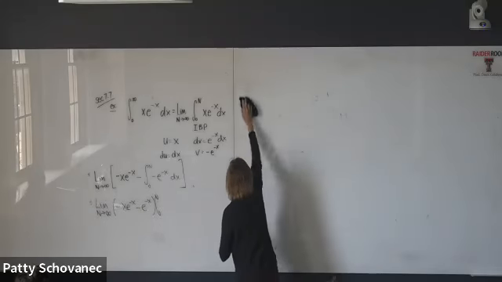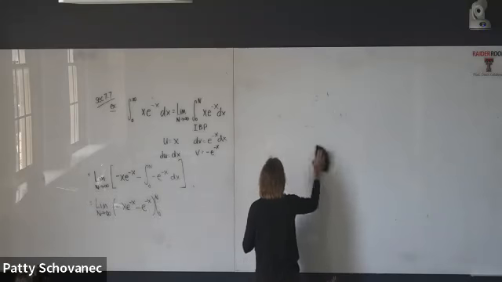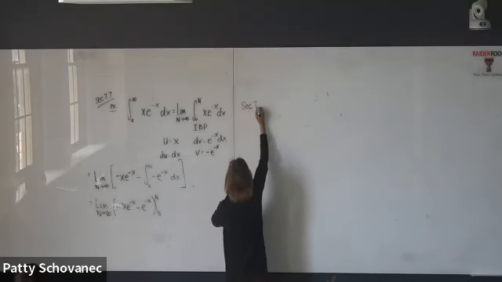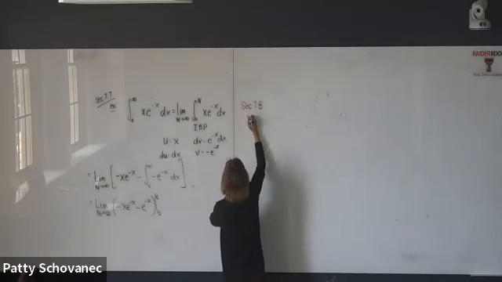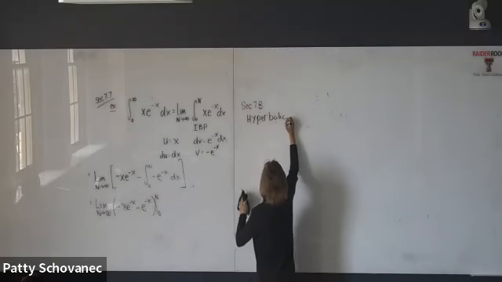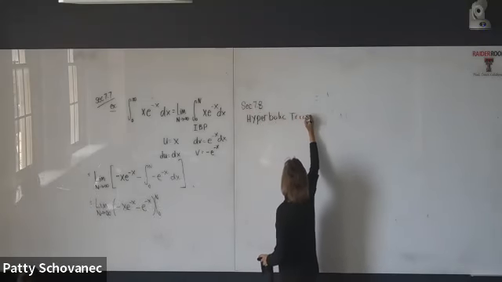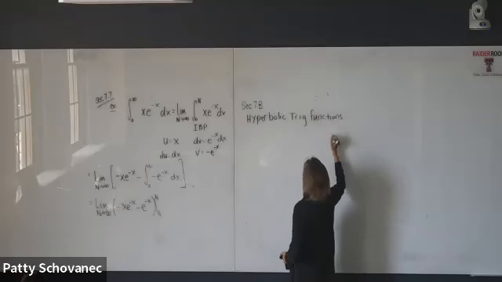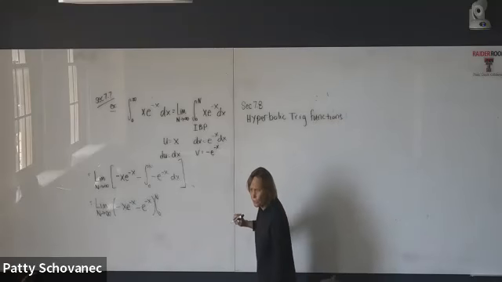So, I want you to read 7a. It talks about the hyperbolic trig functions. And they come from ratios of exponential functions.